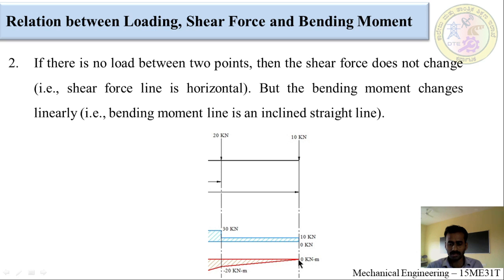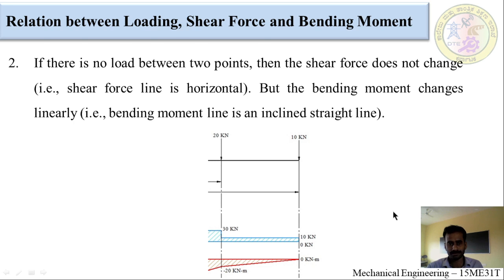From this point to this point it is increasing constantly or decreasing constantly, just like an inclined straight line. Because there is no load between the points, the bending moment changes, but the shear force remains constant.